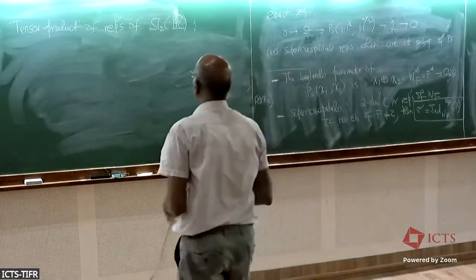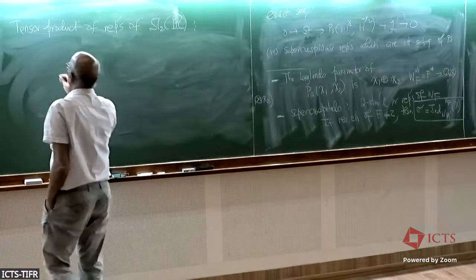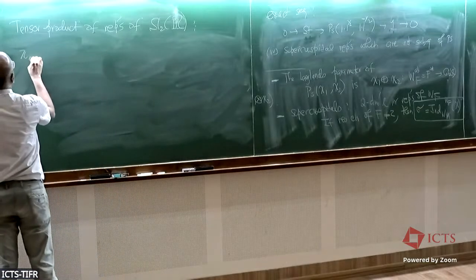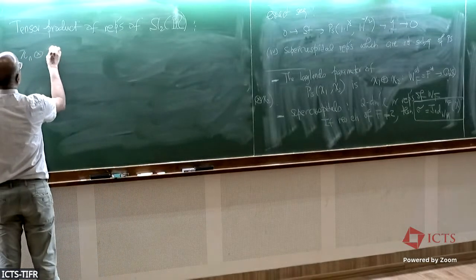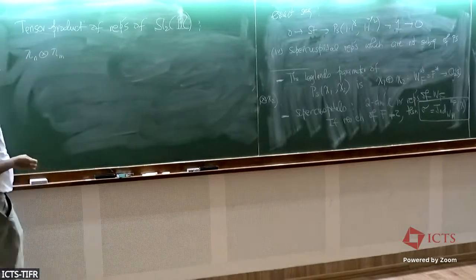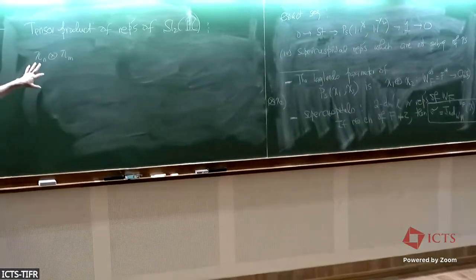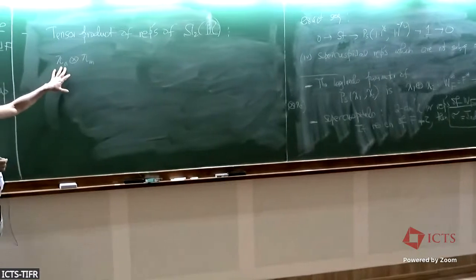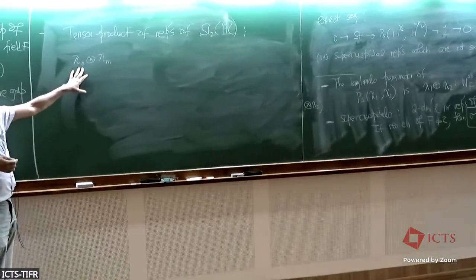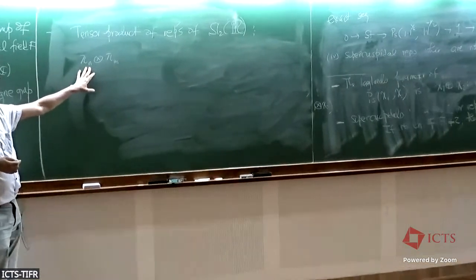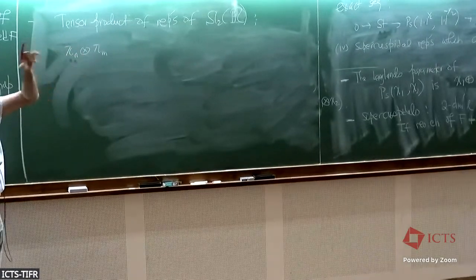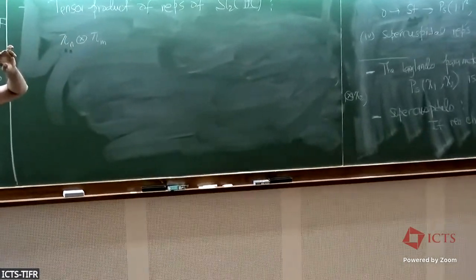Okay, so I don't want to lose too much time. We have introduced these representations pi_n, which are holomorphic discrete series or limits of discrete series, with weights going from n to infinity with a given parity.